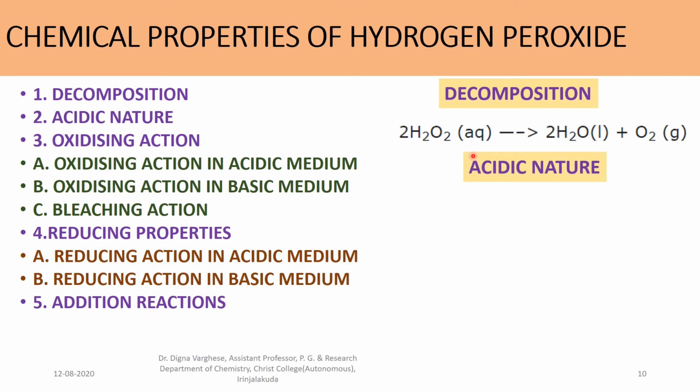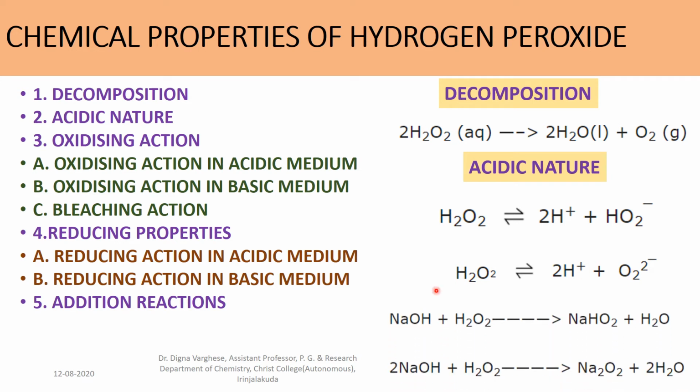Next one is its acidic nature. Hydrogen peroxide in aqueous solution behaves as a dibasic acid. It can dissociate to form a proton and hydroperoxide anion. It can also dissociate to form protons and peroxide. So it forms two series of salts, hydroperoxides and peroxides.